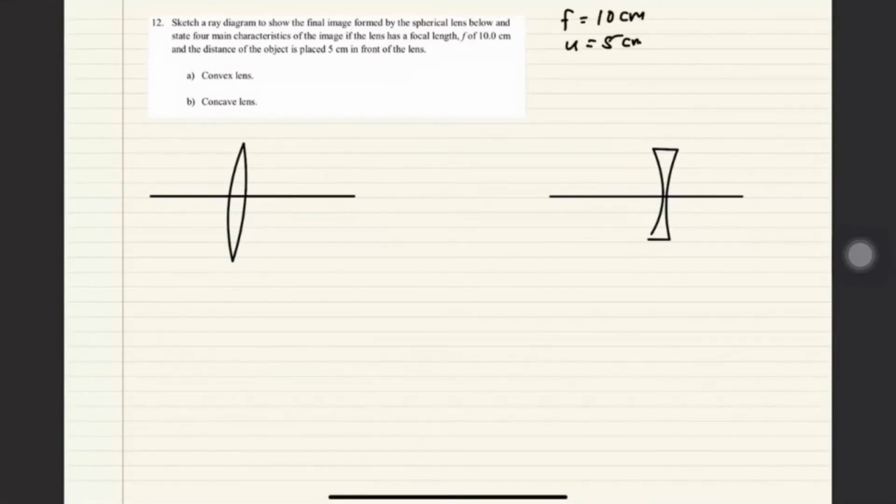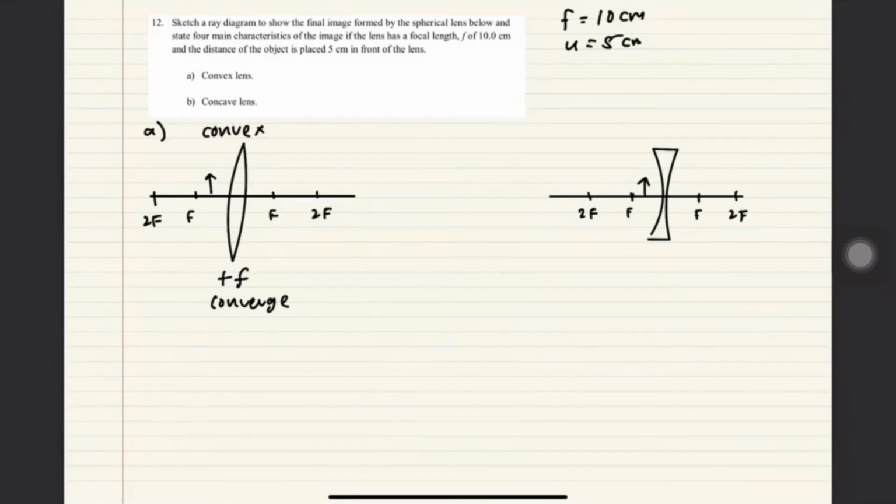So basically, objek dia less daripada F. Okay, kasi label F into F, objek dia kat situ lah. Okay, kalau untuk convex lens, F dia adalah positive F sebab dia adalah converge. Kalau untuk concave, so ni adalah convex. Dia adalah negative F because this one is diverge.